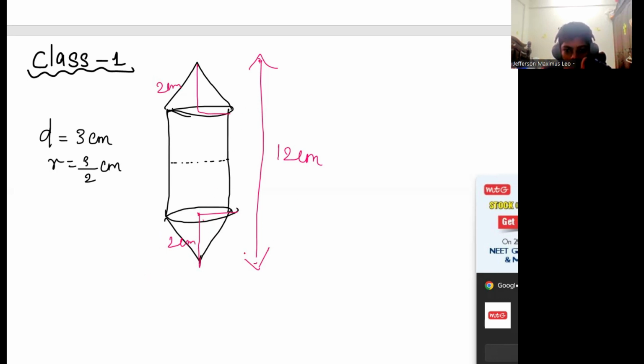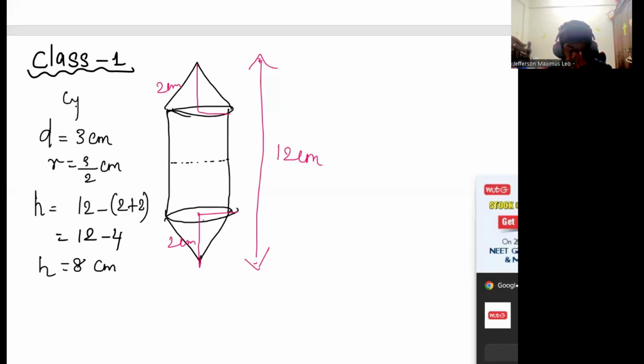So from this given data, what is the height of the cylinder? 8 centimeter. 12 minus 2 plus 2, that is 12 minus 4, which is 8. So height is 8 centimeter.